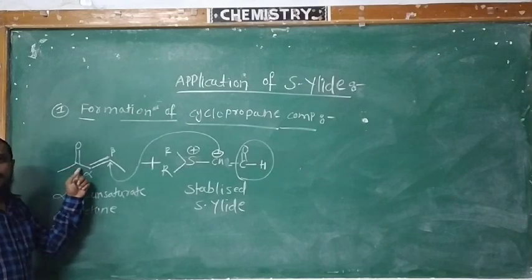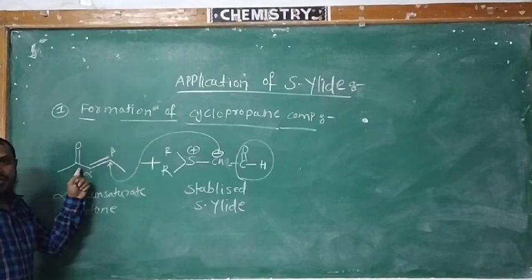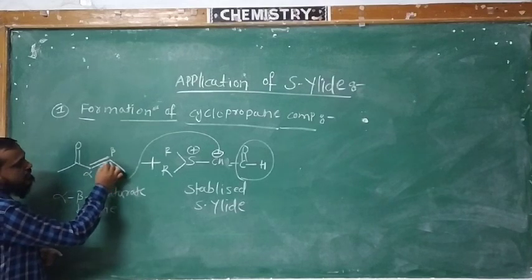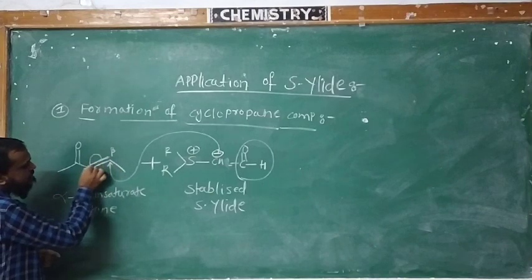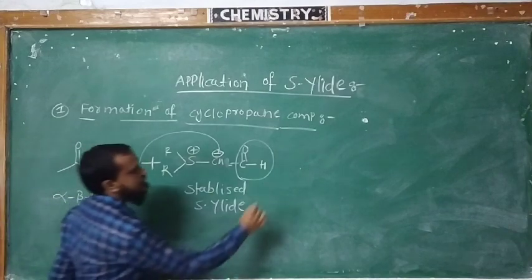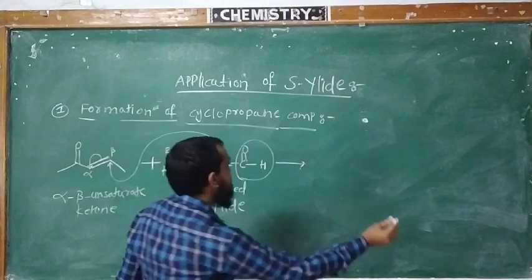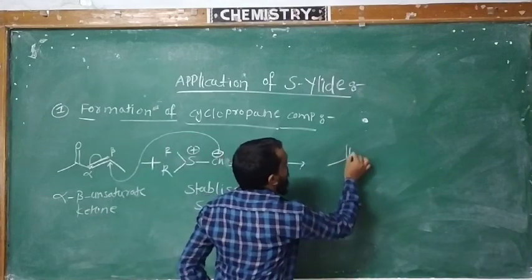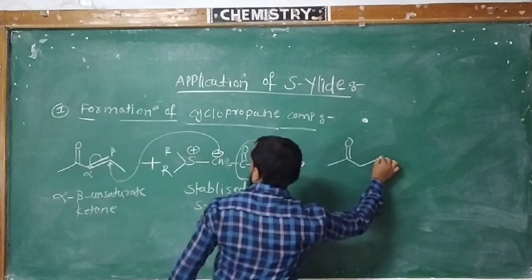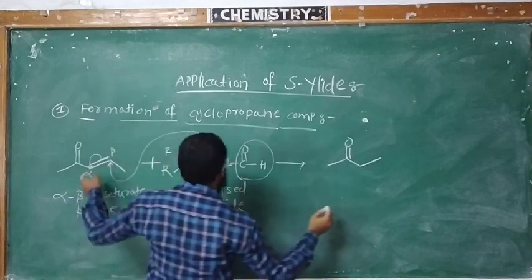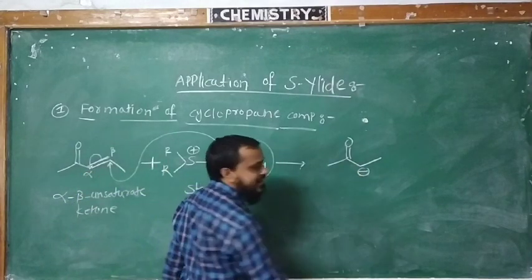instead of the electrophilic carbon atom of the carbonyl compound. So what will happen here? This bond shifted toward this carbon atom, and we will generate our first intermediate called the betaine intermediate ylide. See here, this double bond shifted toward this carbon atom, so this carbon bears a negative charge.